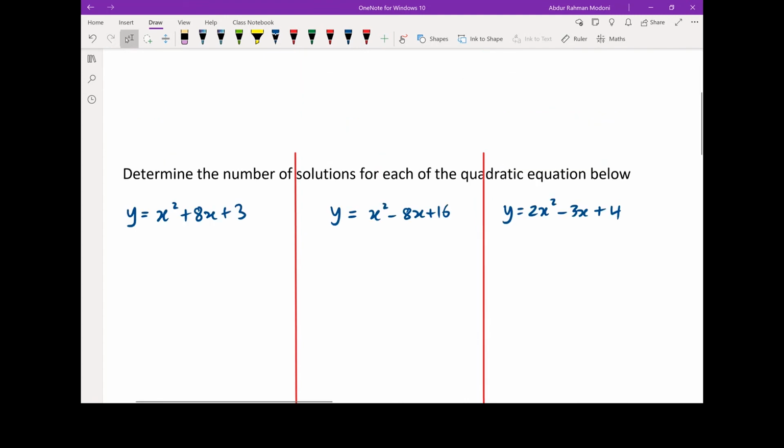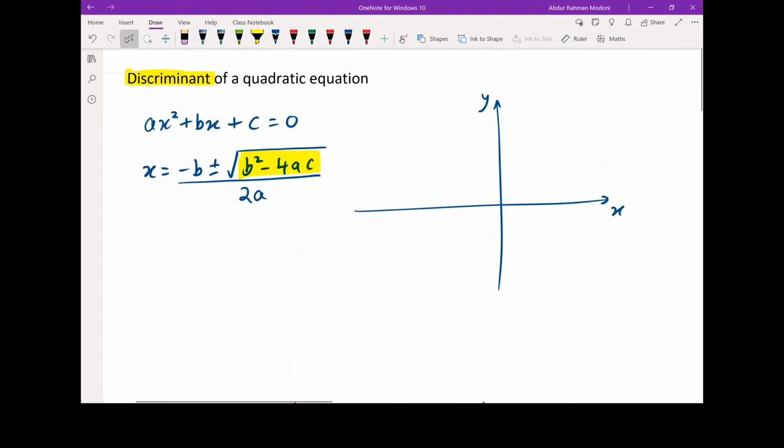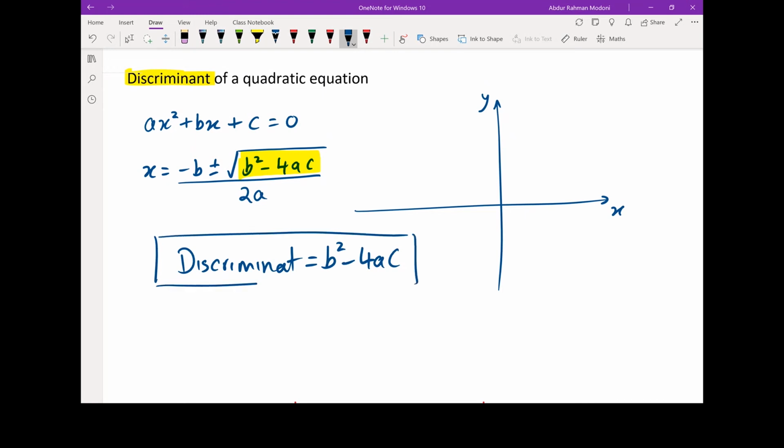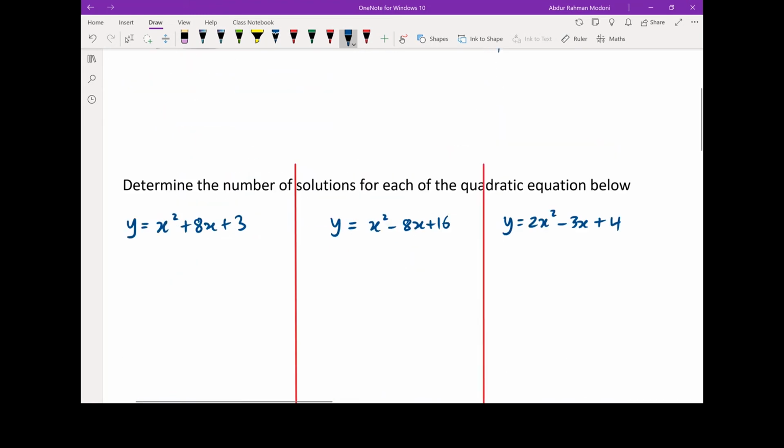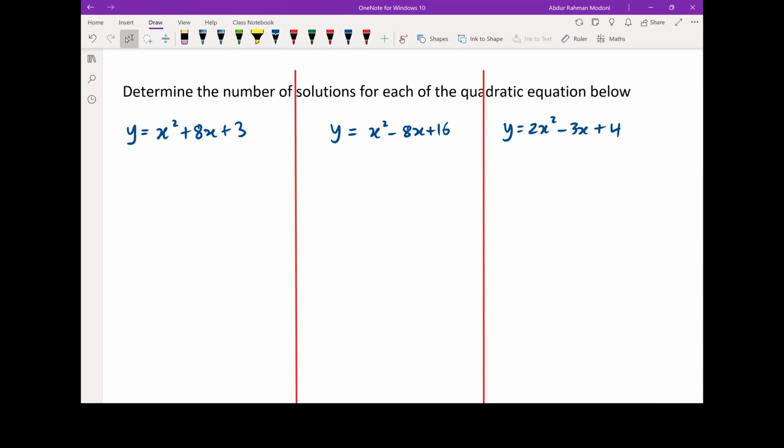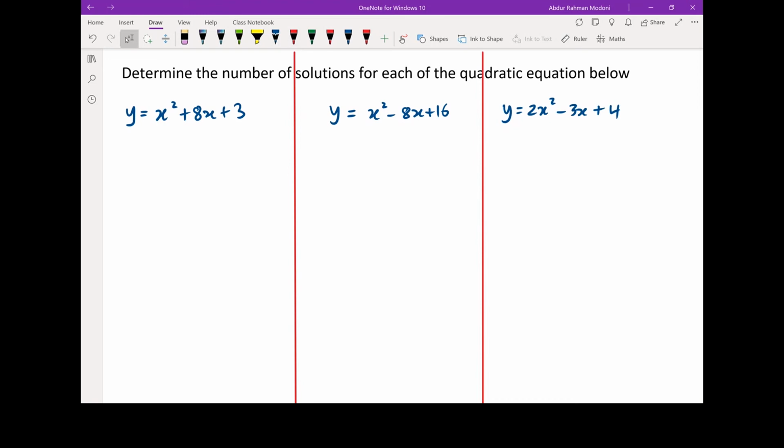Remember what we said, the discriminant is b squared minus 4ac. So I'll write that down here. Discriminant is equal to b squared minus 4ac. Here we want to determine the number of solutions for each of the quadratic equations below. So let's start by writing down what the discriminant is.